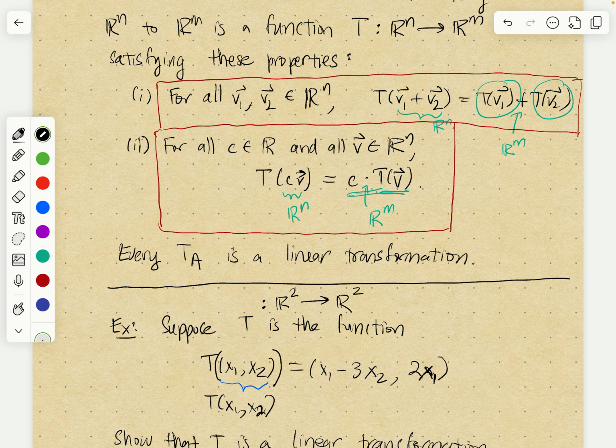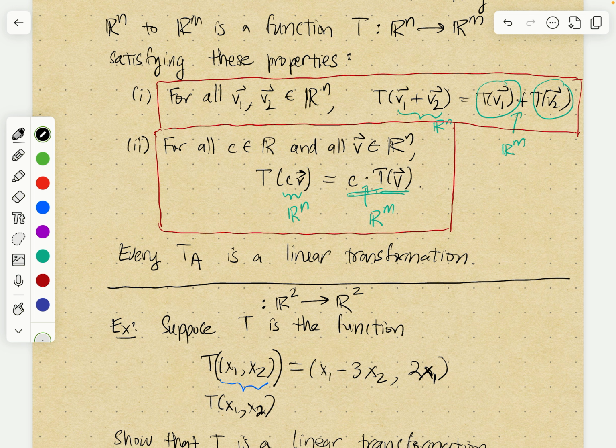And so what does that mean, to not satisfy both of them? It means that at least one of these properties is not satisfied, right? So any function that doesn't satisfy property 1 or doesn't satisfy property 2, those are going to be the functions that are not linear transformations.